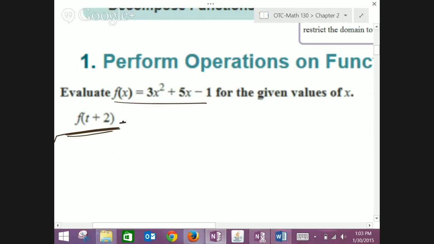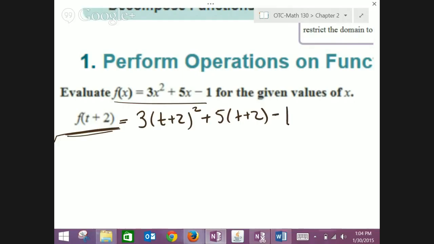At this point, you should be comfortable with saying 3 times t plus 2 squared plus 5 times t plus 2 minus 1. A common mistake here is not writing parentheses around t plus 2. Parentheses are your friend. Parentheses tell you if anything's in front of that, you need to distribute it to both terms. This is not 5t plus 2. It's 5 times t plus 2.